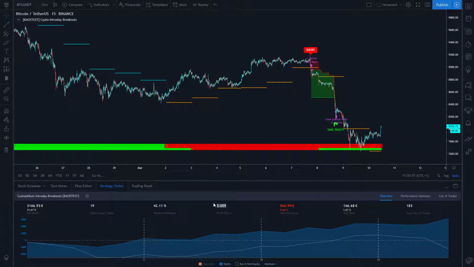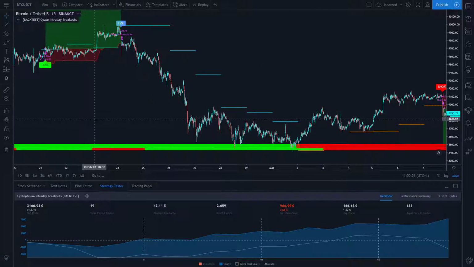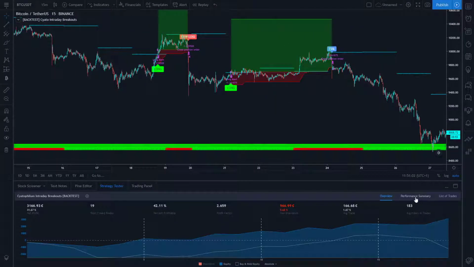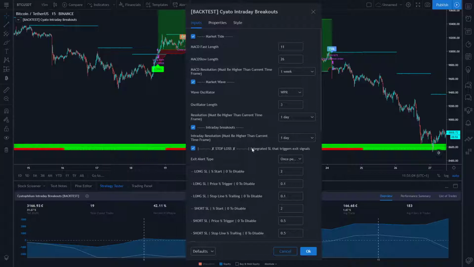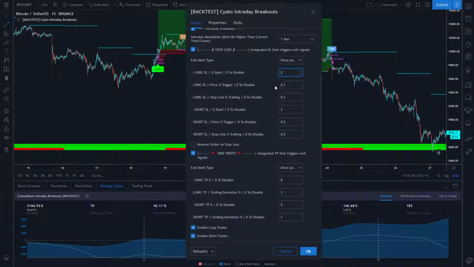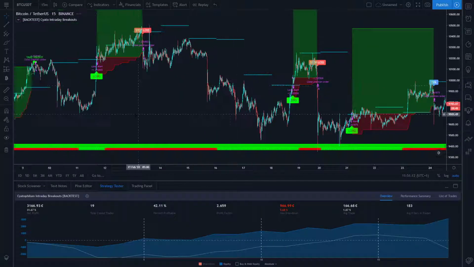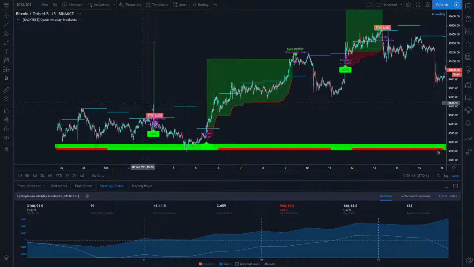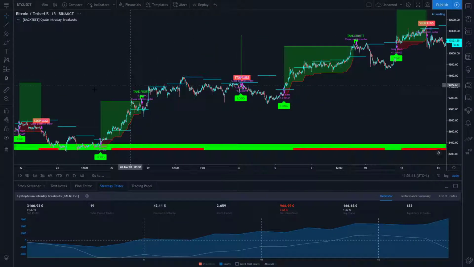Anything bigger than 1 is profitable. We can set good risk-reward ratios, like here we have for longs a 2% stop loss and 8% take profits, knowing that the stop loss is trailing, so it's not really 2% stop loss, it's a little bit less than that.